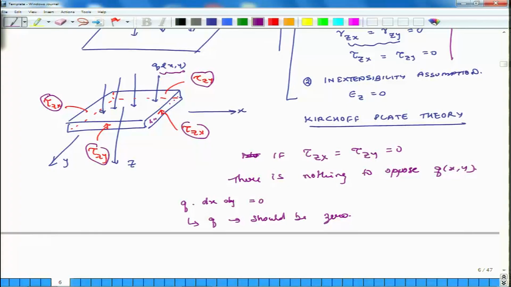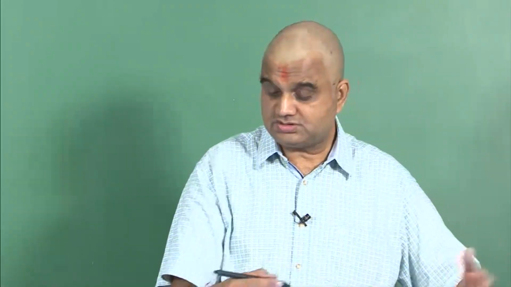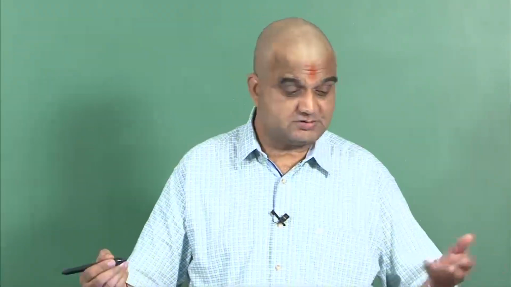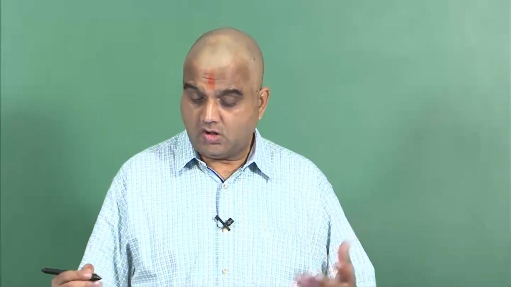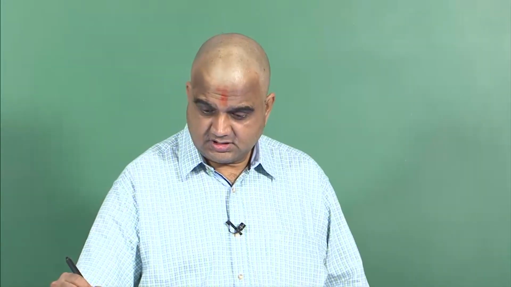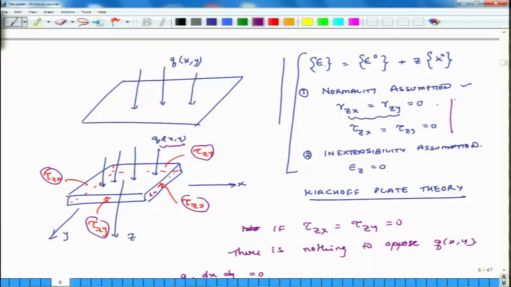But we know that plates, when we put loads on them, we are actually applying q's, and q is not 0 in reality, because most of these plates are subjected to external transverse loads and they are able to bear those loads. All that this discussion means is that our assumptions related to gamma zx and gamma zy are not necessarily true and they are not accurate, because they contradict reality.